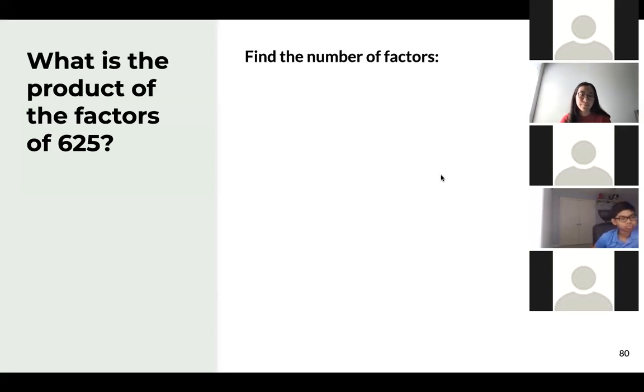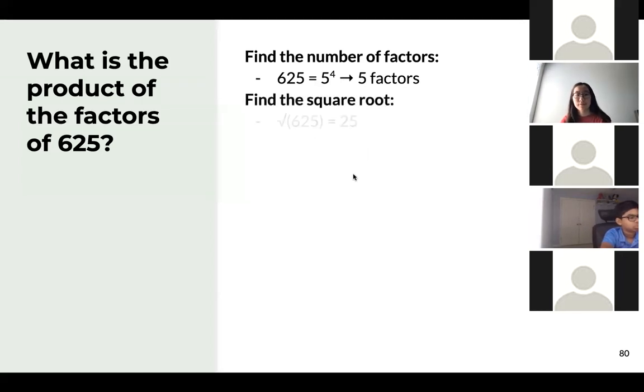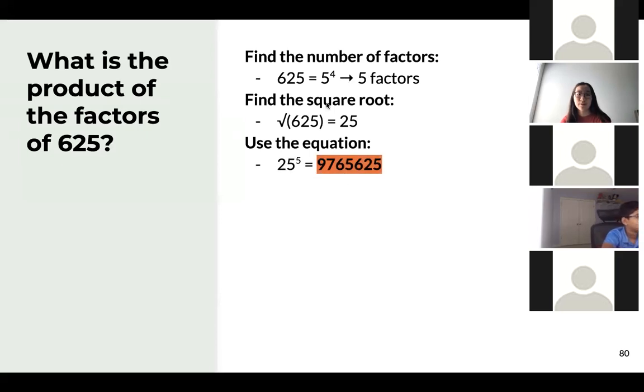All right. So we find the prime factorization, and then our only exponent is 4. So we add 1 to that and get a total of 5 factors. Yeah, that's the correct answer. Good job. Then we find the square root of 625, and we raise that to the power of the number of factors. So nice job.